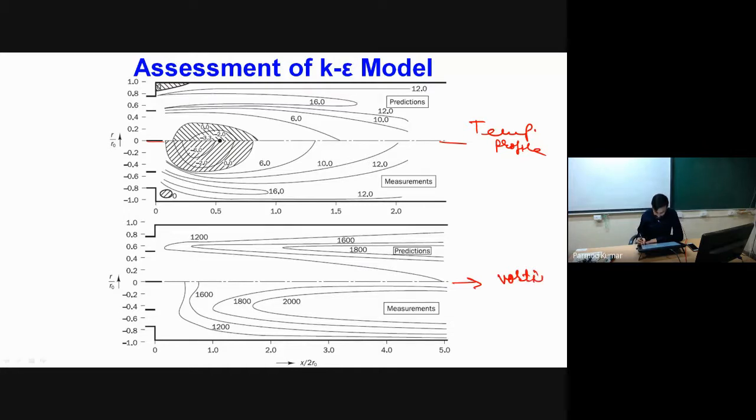Okay, and you can see over here in these temperature and vorticity contours, the bottom part represents the measurement from experiments, and top portion represents the predictions from numerical simulations which employed the K epsilon turbulence models. So you can see over here that the qualitative nature of measurements and prediction is almost similar. However, if you see in terms of the specific features, there are certain differences in between the experimental measurements and the predictions.